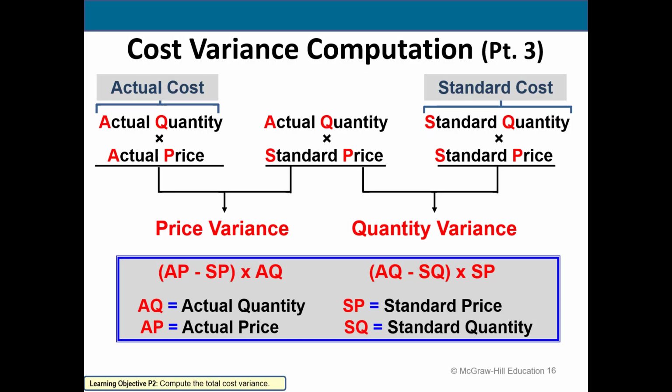The standard quantity is the standard quantity for one unit multiplied by the number of units produced. It is the amount of the resource that should have been used given the actual amount of units produced. The standard price is the amount that we should have paid.